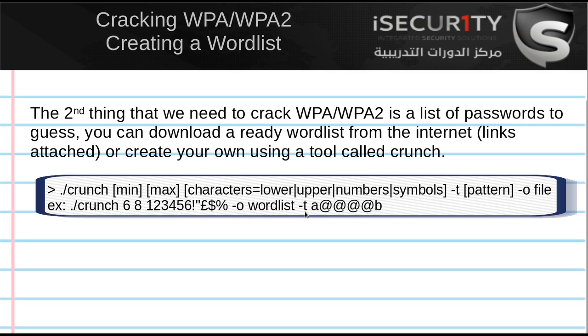And the pattern is that the passwords that are created are always going to start with an A and always going to end with B. So all the passwords that you're going to see in the file are going to always start with A and end with B, and they'll have all the possible combinations of the characters you specified here between the A and the B.